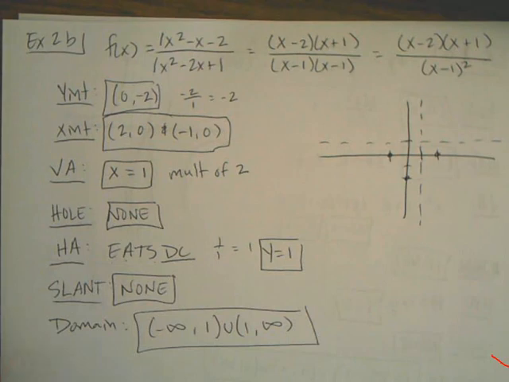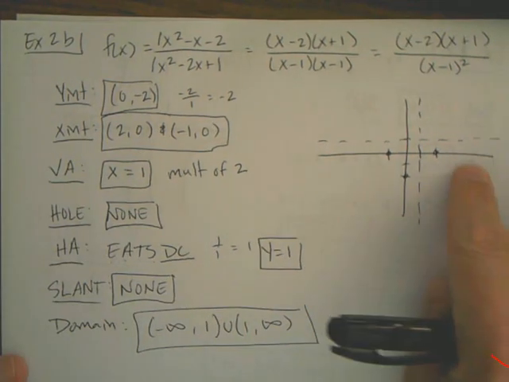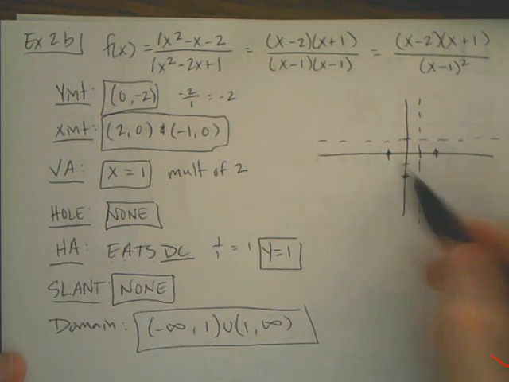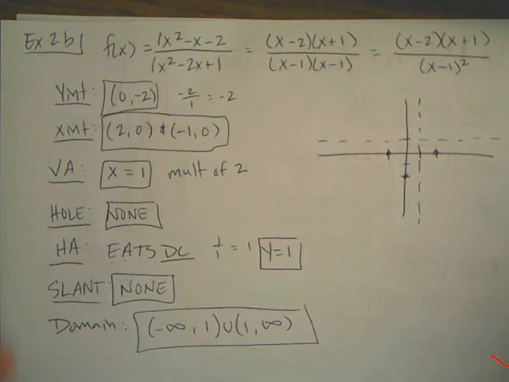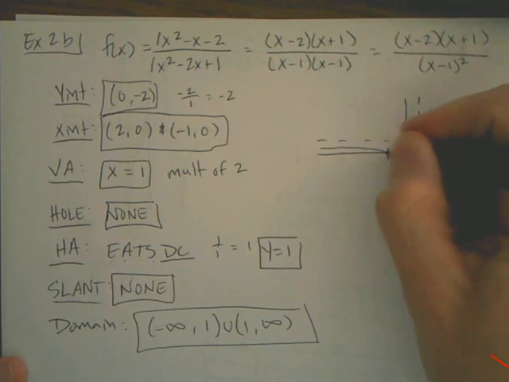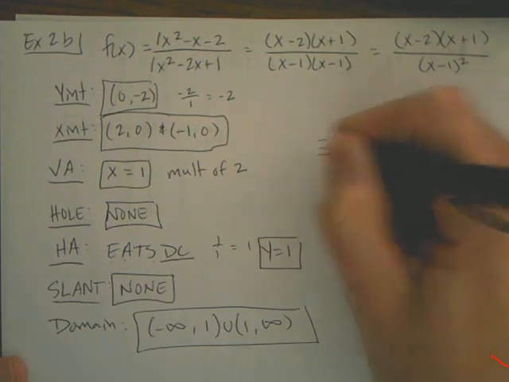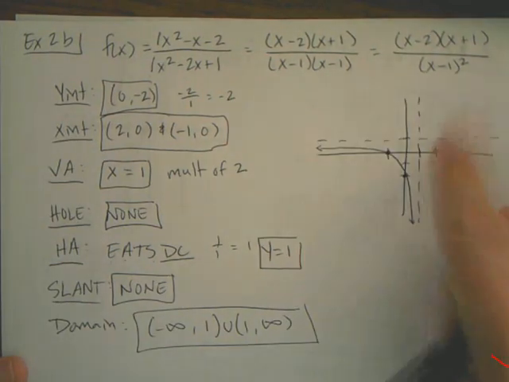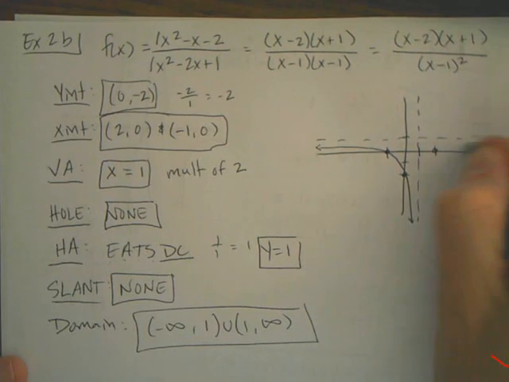So, because we have this graph, and we now have points on each one, we don't have to test any points. I know that this side of my graph has to go like this through these intercepts, and I know that this side of my graph has to go through that intercept. This is what a multiplicity of 2 looks like.